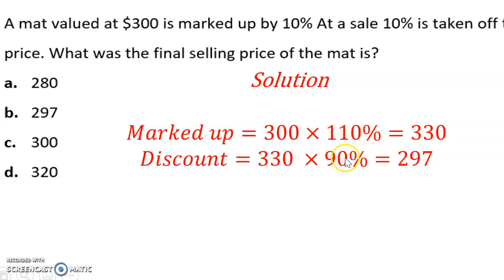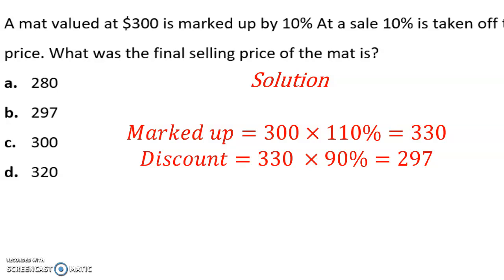So if we're discounting, to find a new value, we just multiply by 90%. You could have done it another way, which is to multiply by 10% and then do the subtraction. Whichever way works. Good. So the new value is 297.